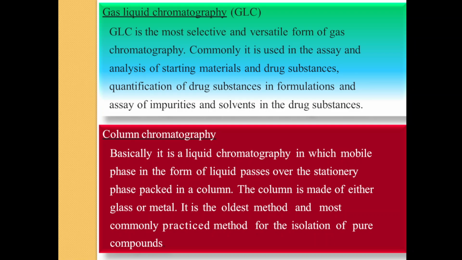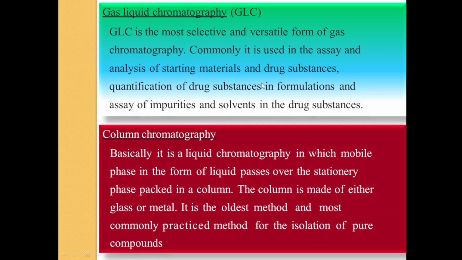Gas is used as the mobile phase in this case, and a solid stationary phase is used. Again the sample moves over the column and gets separated, and in this way it is used for separation. Also it is used for assay of impurities.